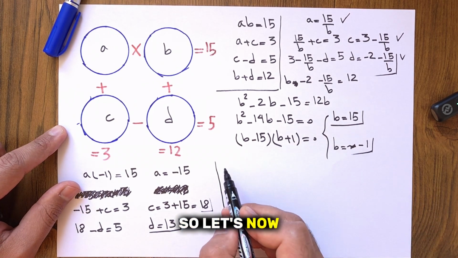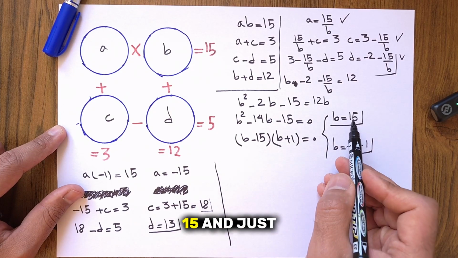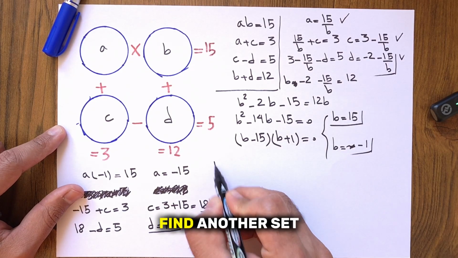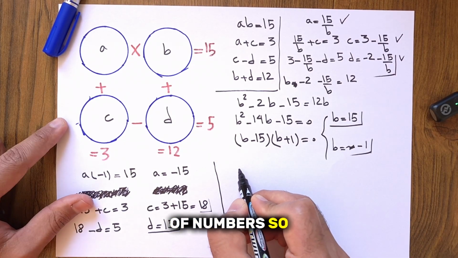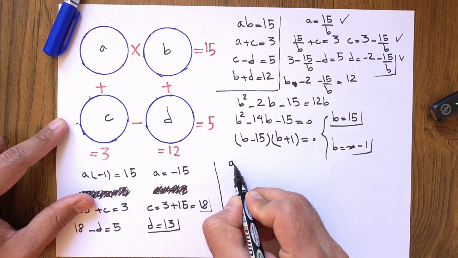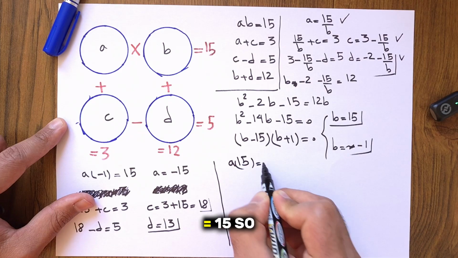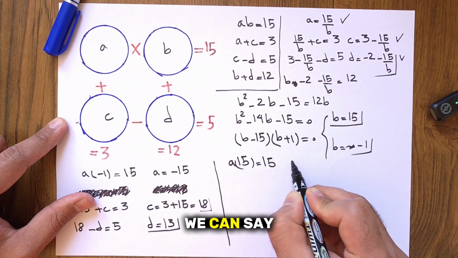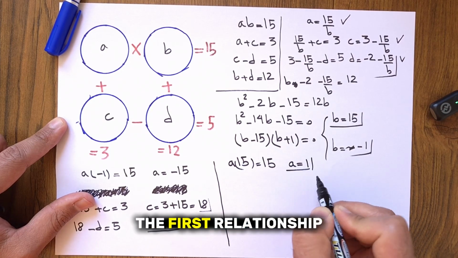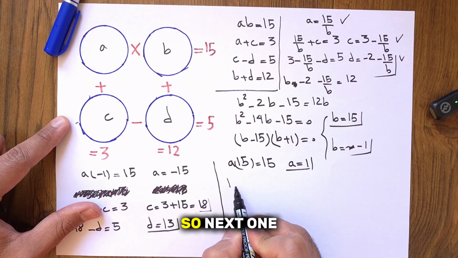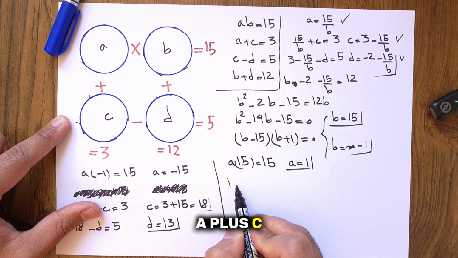Let's now assume B is 15 and find another set of numbers. A times 15 equals 15. So we can say A equals 1, from the first relationship. Next one, A plus C equals 3.